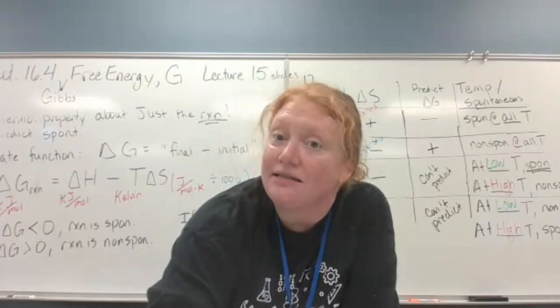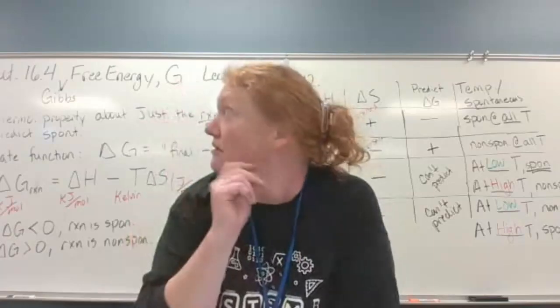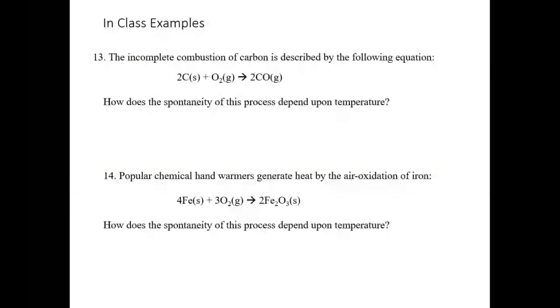This is actually why our cars have those catalytic converters, to keep this incomplete combustion from happening. So our cars produce less carbon monoxide. And it helps catalyze some other reactions that can go on in there. But this incomplete combustion is not something that we want.